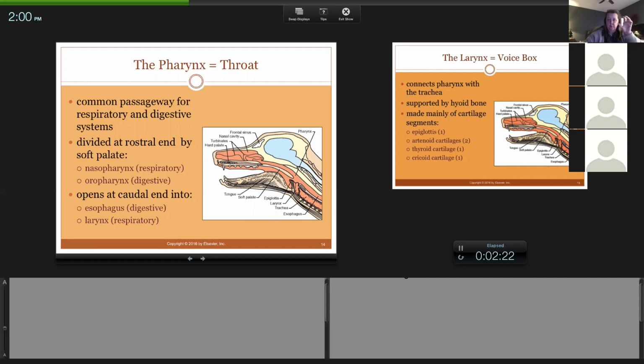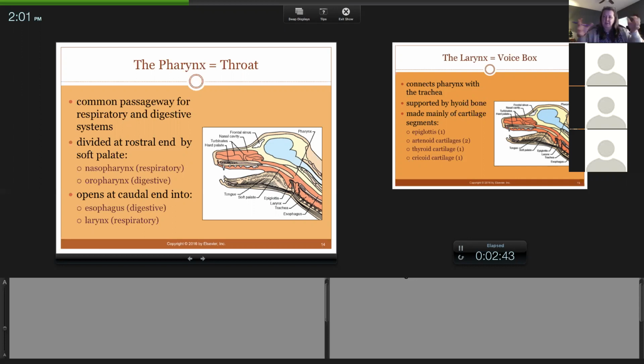So pharynx, food first, is a little clue to remember the difference between the pharynx and the larynx. Now, when it opens at the end, the pharynx will open to the esophagus, which is a digestive structure, or it opens to the trachea, which is a respiratory structure.